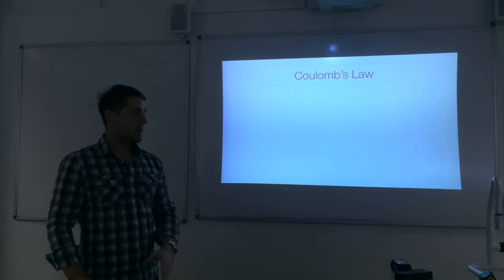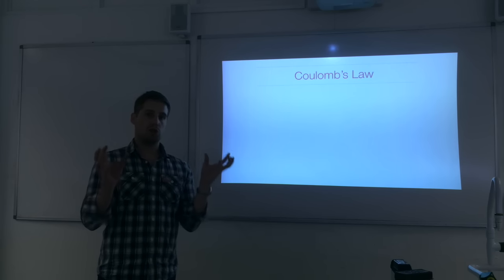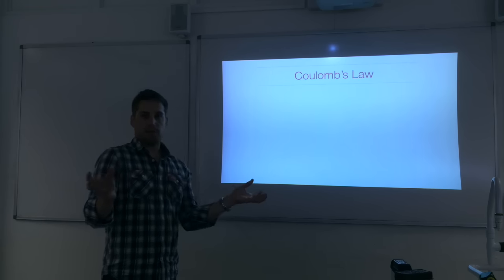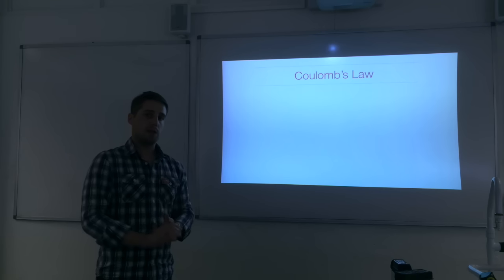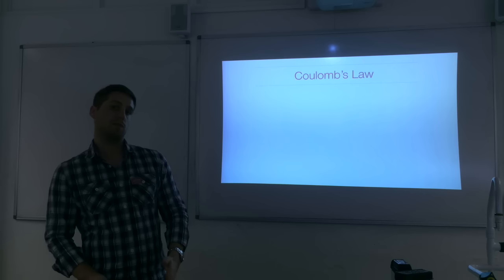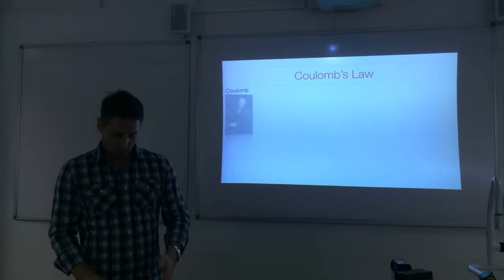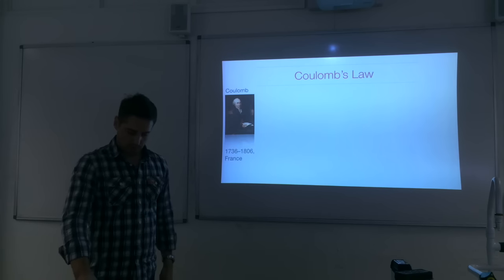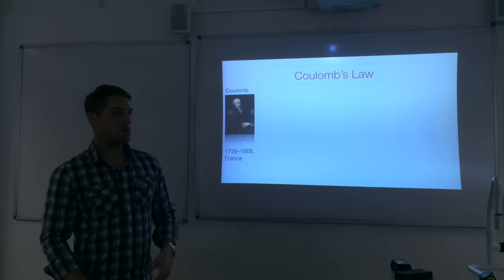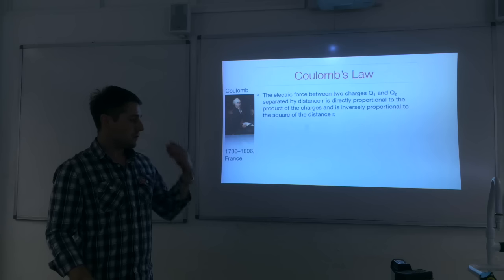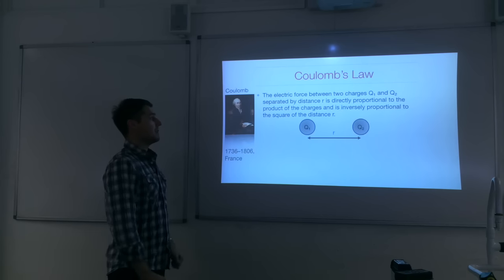Now what if we take two charged objects, separated by some distance, and we want to calculate the electrostatic force of attraction or repulsion? Well, Coulomb discovered the law that tells you the force between these two charges.